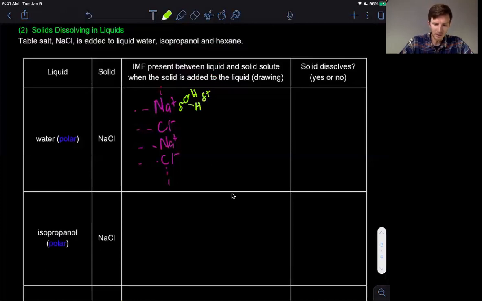And we can think of it as coming in and kind of grabbing onto that sodium ion, and it's going to pull it out.